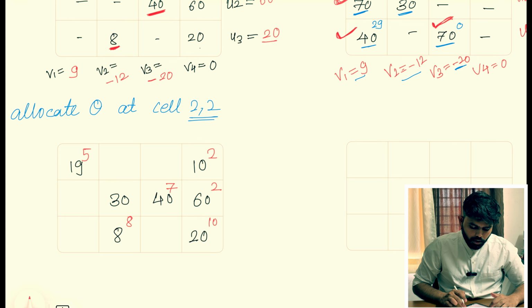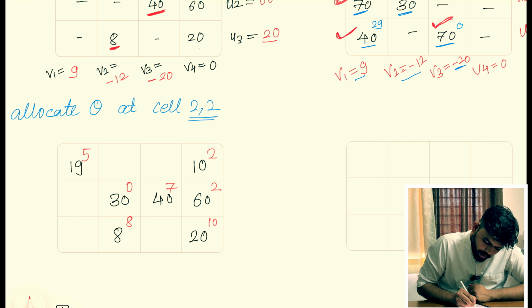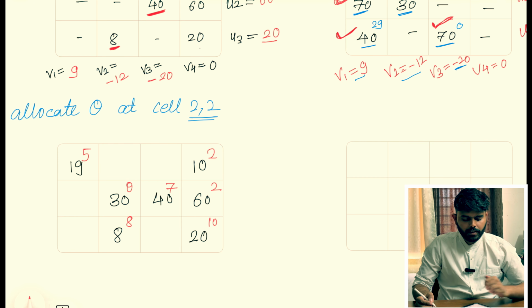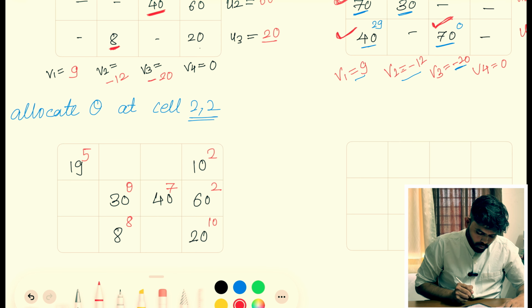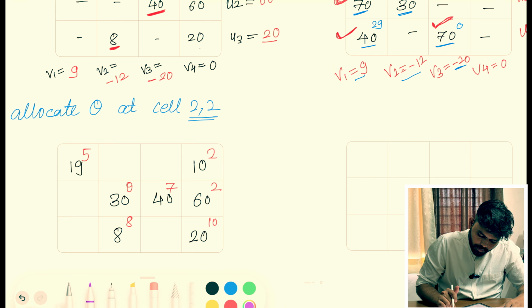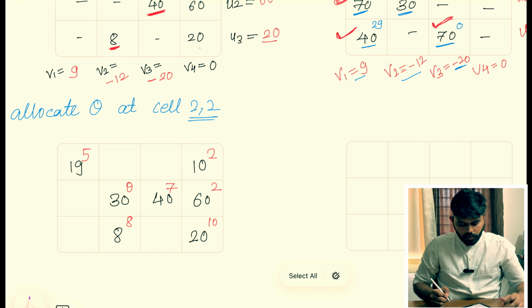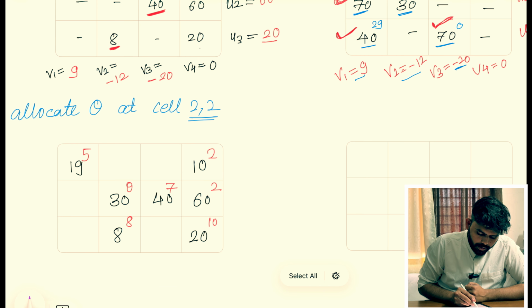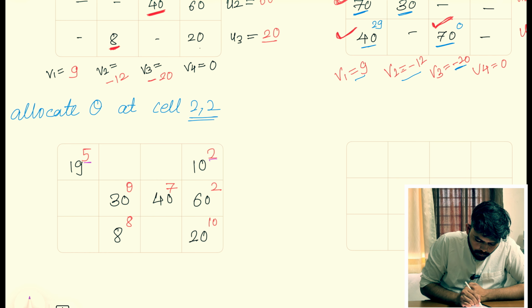So now what we have written is allocate theta. So we have allocated theta here at cell 22. Now see, this is a very important step. Please focus. If we have allocated theta and we do the addition, this 5 plus 2 is 7, this 7 plus 2 is 9, this 8 plus 10 is 18, this is 5, 8, 7 and 14.